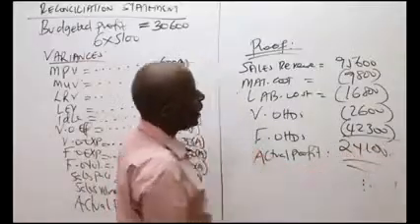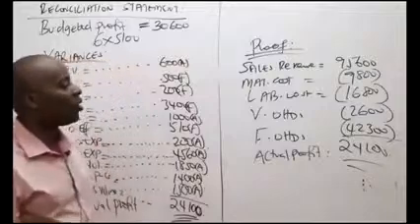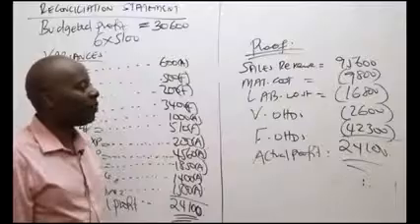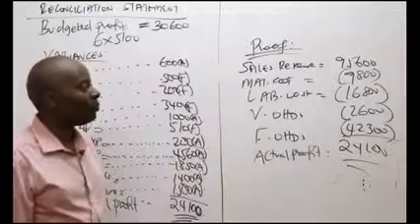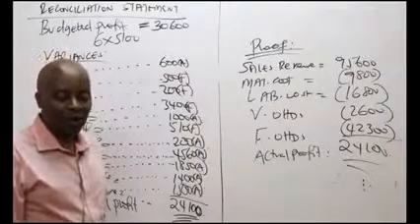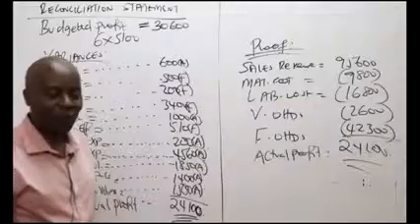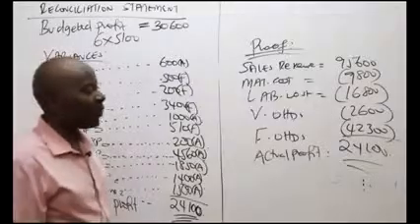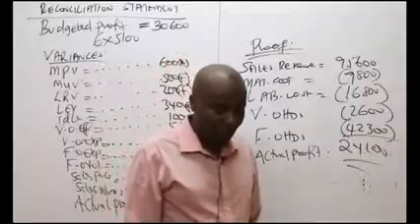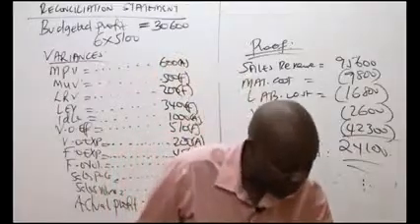Let me see whether we shall be getting that figure of 24,100 at the end of the day. Yes. Is there somebody who is able to see 24,100? Yeah, 24,100. So now that marks the end of our class today.